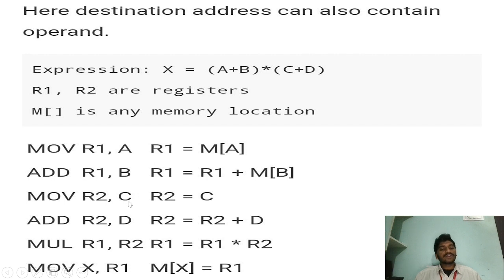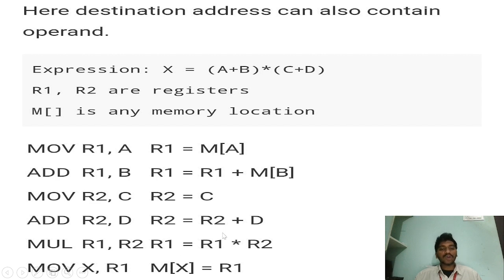Move the C value to the R2 register, so R2 equals C. Next step will be ADD R2, D. So the D value is added to the R2 register, so the instruction is R2 equals R2 plus D. And the next one is MUL R1, R2, and the result is stored in the R1 register.